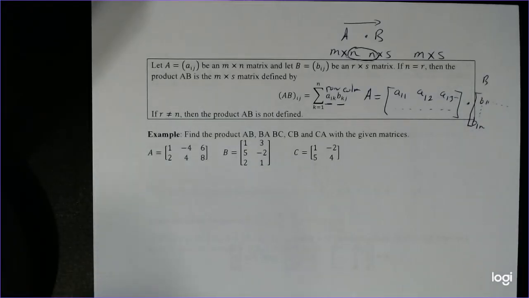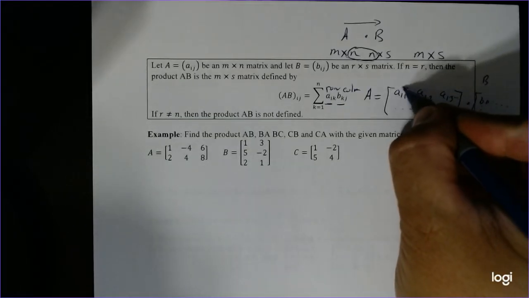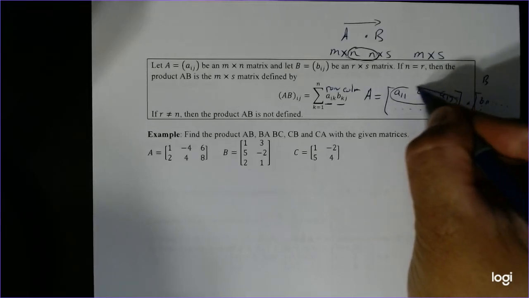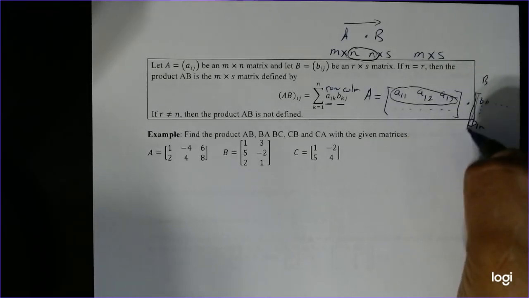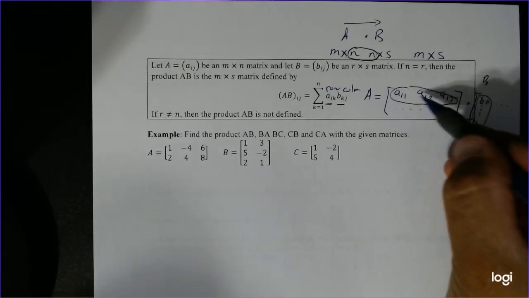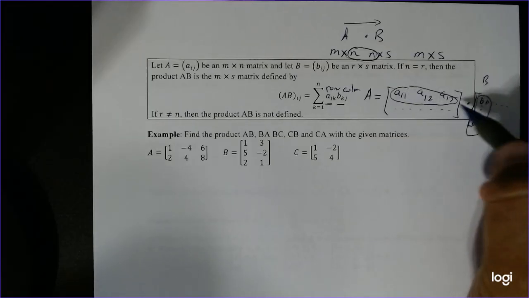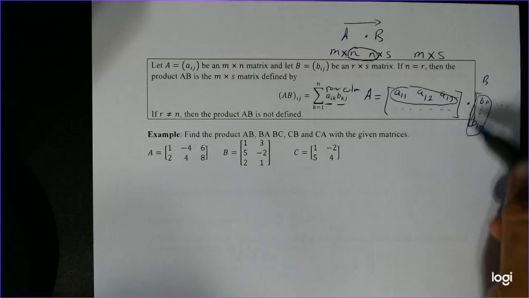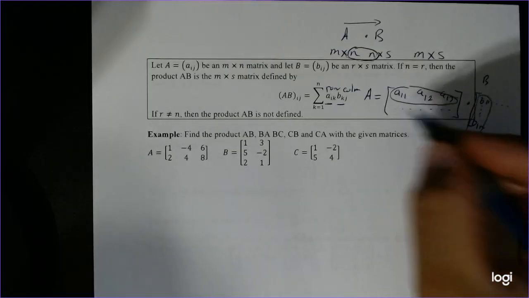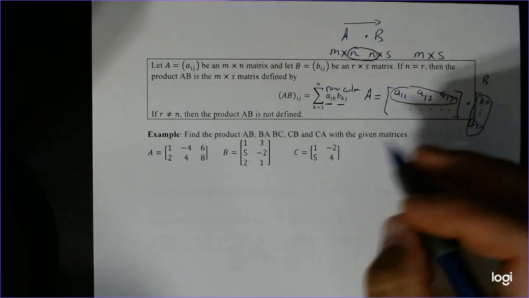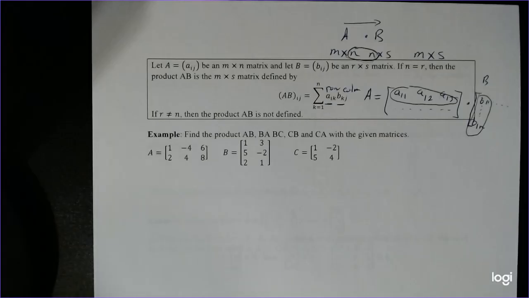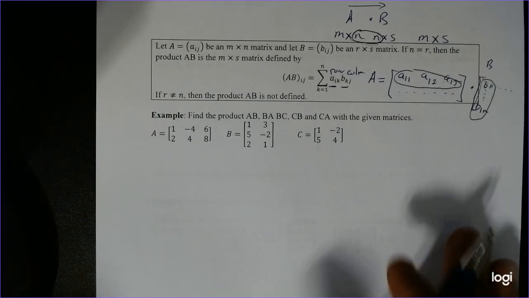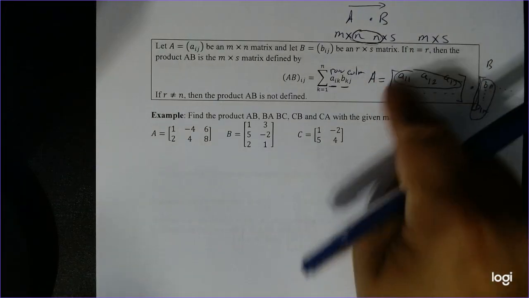What I'm going to do is multiply entry to entry down here, like that. So this times that, that times that, and so forth. And then I'm going to take the sum of all of those, and that's going to be the very first entry of AB. So it's a lot more complicated than adding. Okay? So let's just do an example so you can see how this little cheat sheet will help you out.